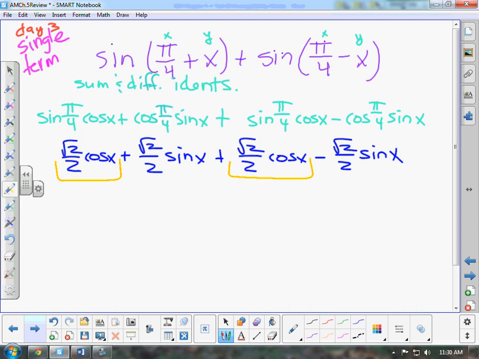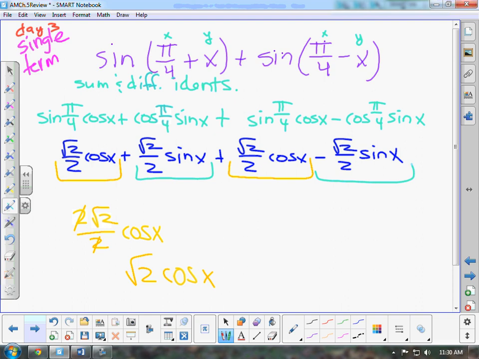The square root of 2 over 2 plus the square root of 2 over 2 gives 2 square root of 2 over 2 cosine of x, which you can divide out a 2 on each to get the square root of 2 cosine of x. The other two are a positive square root of 2 over 2 sine x and a negative square root of 2 over 2 sine x, which added together make 0. And so we are left with our one term, and we are done.